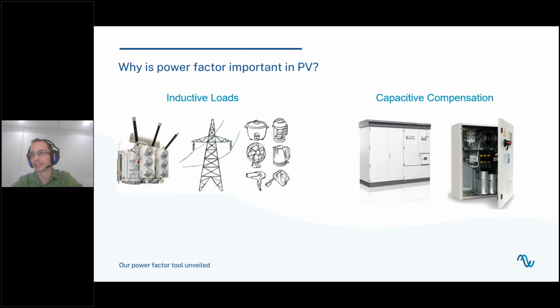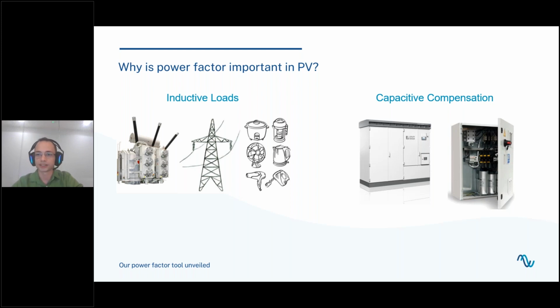Inductive loads meaning that they absorb reactive power, so they reduce the amount of active power that we have. So in order to compensate for these inductive loads, we have to use capacitive compensation.